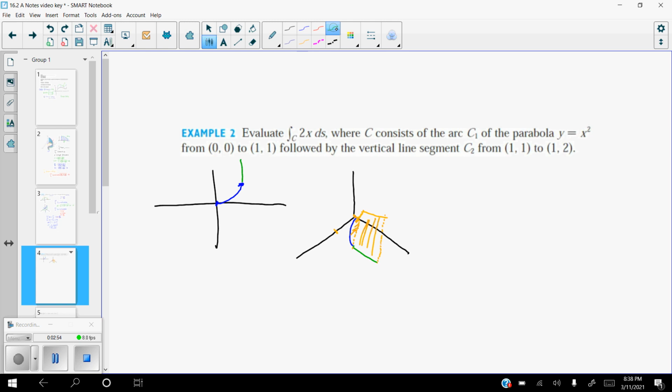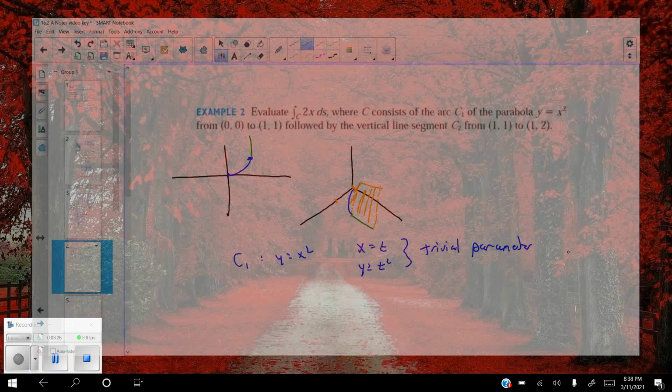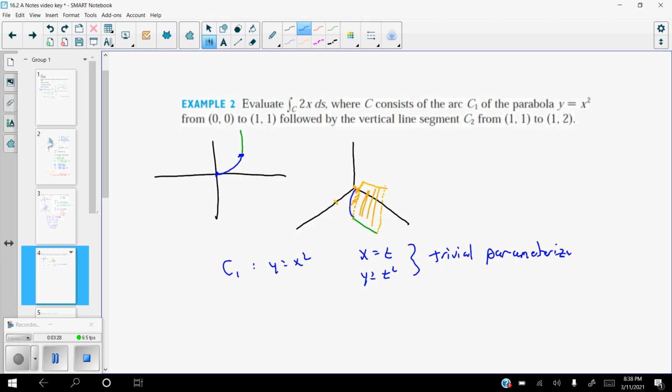We have to deal with C1, curve number 1, which was the parabola part. So that's y equals x squared. We're going to have to parameterize that. This is a perfect case for a trivial parameterization, in which case we're just going to say x is t, and if x is t, plugging t in for x, you get that y equals t squared. There's your trivial parameterization.